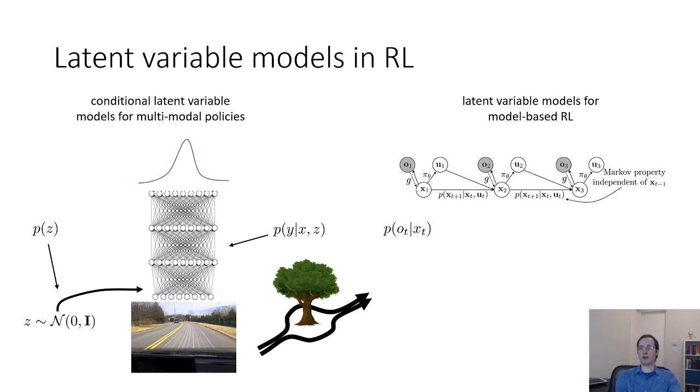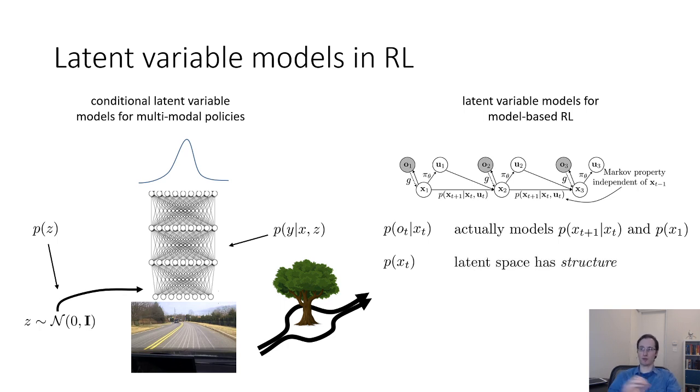So we have our observation distribution P of O given X, and our prior P of X actually models the dynamics. It actually models P of x t plus 1 given x t and P of x 1. So the prior on x is much more structured and more complex. The latent space for these models has structure. And we'll revisit this at the end of the lecture. So if this part is not entirely clear, don't worry about that. We'll come back to it.